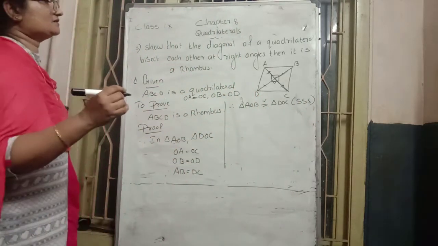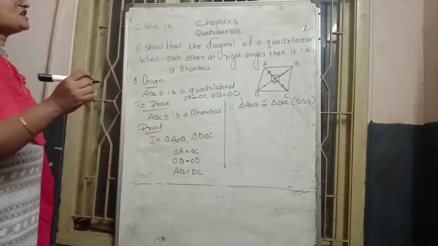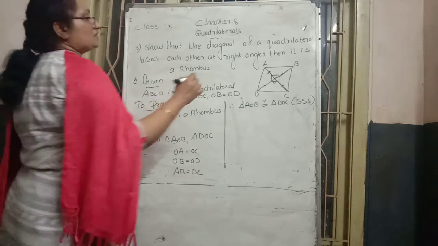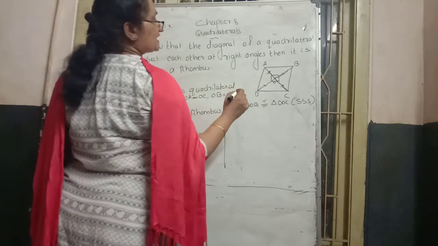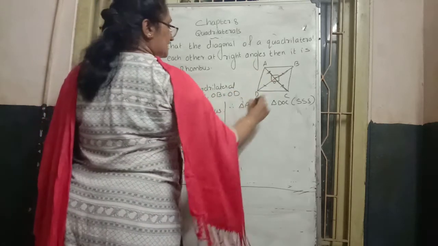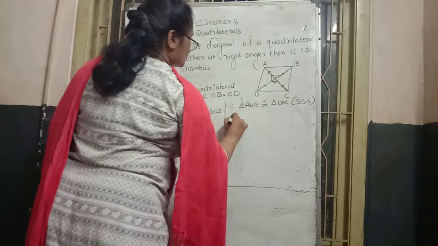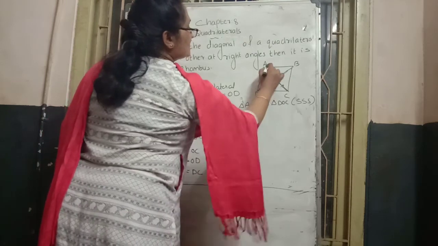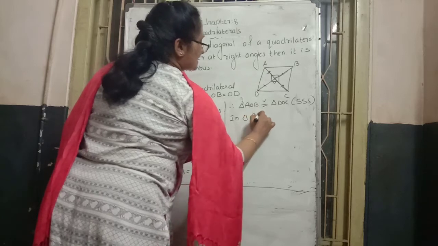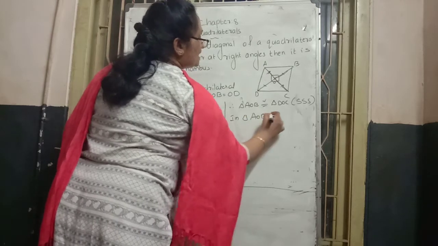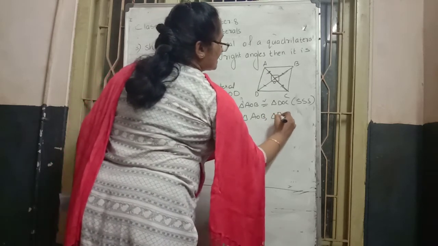Then next we can consider angles. We consider these two triangles: triangle AOB and triangle AOD.